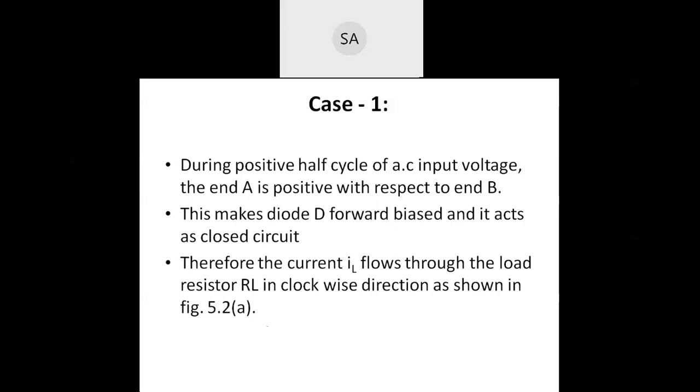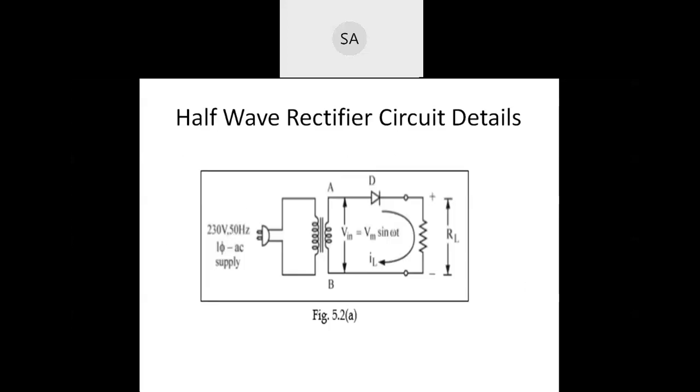Therefore, the current IL flows through the load resistor RL in clockwise direction as shown in figure A. So during the positive AC supply, this anode potential is greater than the cathode potential, then the diode conducts and acts as a closed circuit, so the current flows through the circuit in this clockwise direction through the load resistance RL.